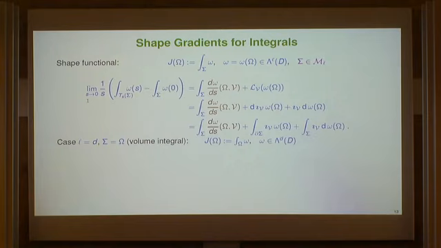This is the volume integral form. This is what we have on the left of the variational equation. Let's do this. For volume integrals, omega is a D form. And when you differentiate a D form, it evaluates to 0.